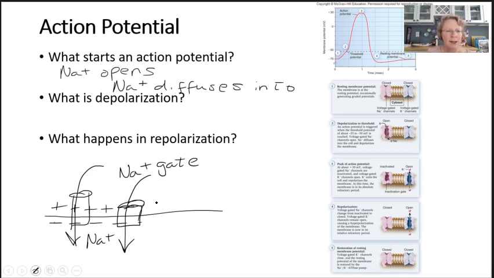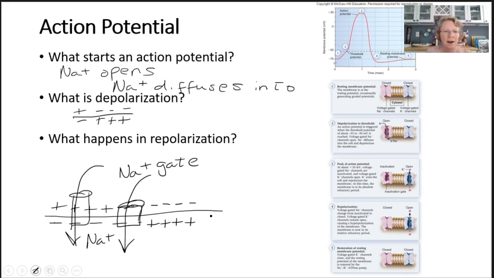And what happens is that builds up relatively more positive charges inside, and now the outside is relatively more negative. That's what we call depolarization. When we switch from being more positive on the outside and more negative on the inside, and we switch to more positive on the inside and more negative on the outside.